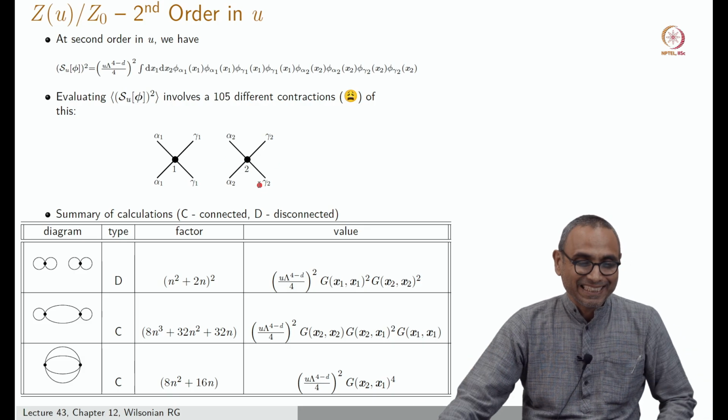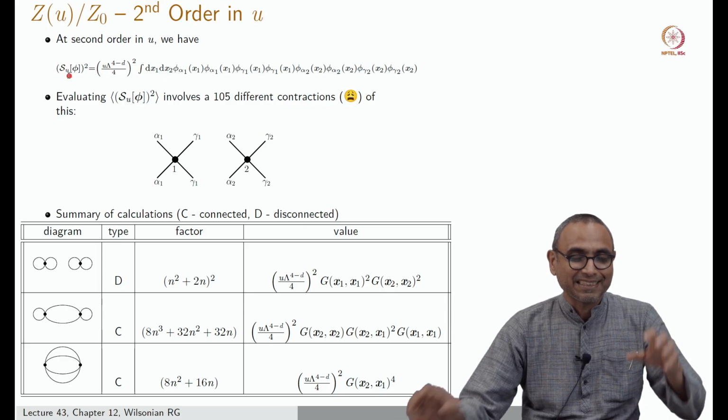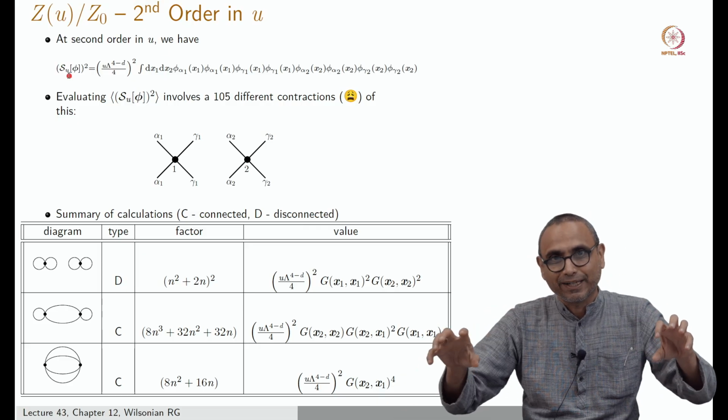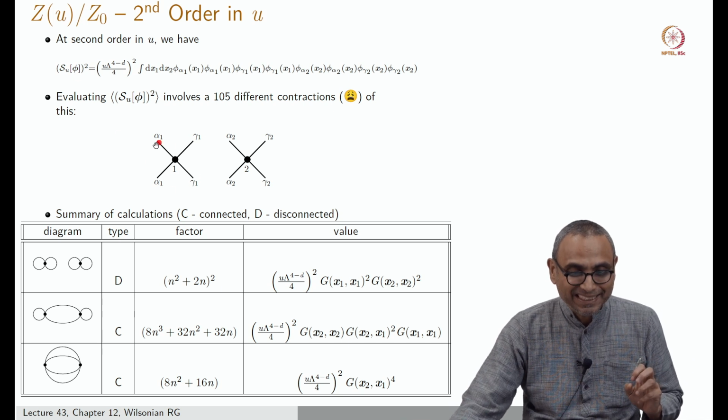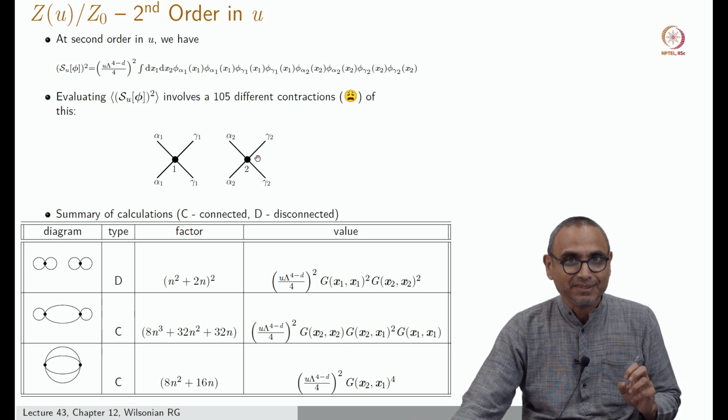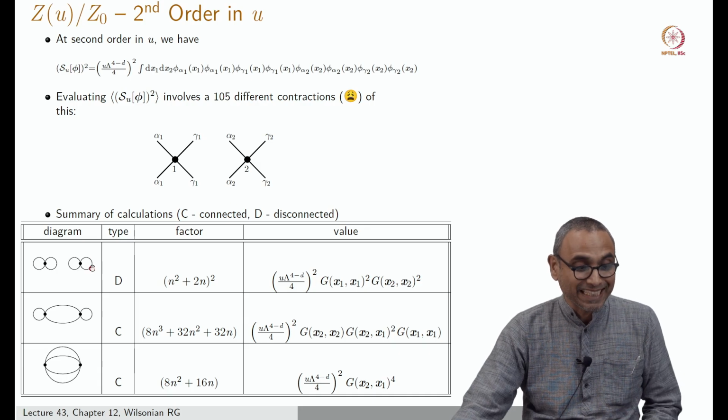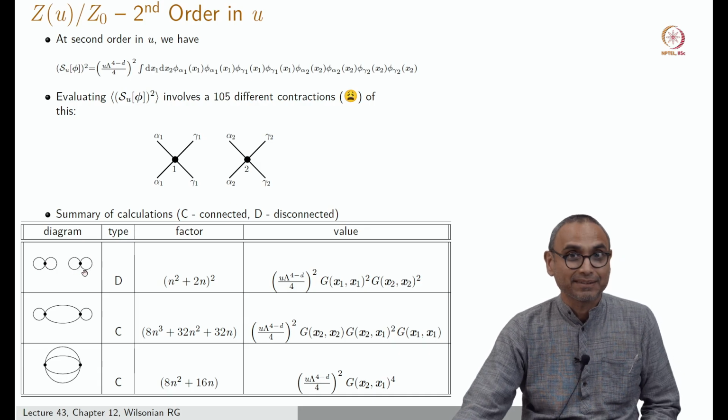So what we are doing is, there is an S_u of phi and another S_u of phi, and when you are contracting amongst themselves, this leads to what are called disconnected diagrams.